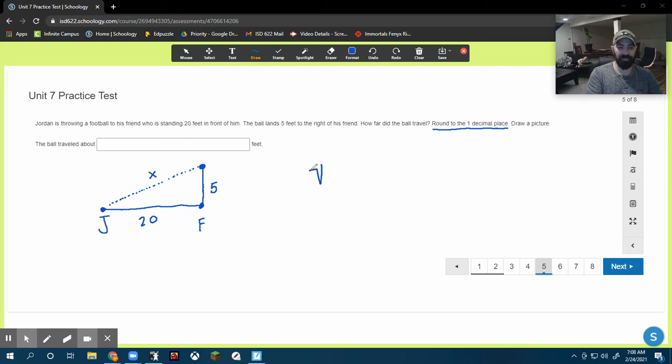Well, since we are missing a hypotenuse, we're just going to do the square root of a squared plus b squared equals c. So our numbers are the square root of 20 squared plus 5 squared, and that's going to give us our answer.